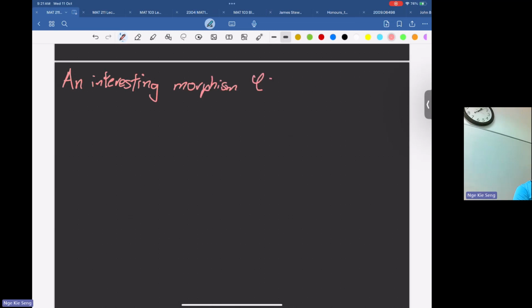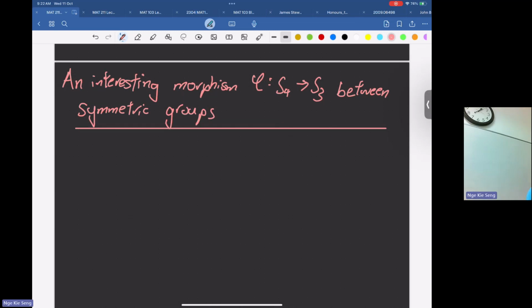Back in my time, our lecturer didn't teach us this, but when I read about it in the textbook, I found it very intriguing, very interesting. So let's find a morphism from S4 to S3. How do you send a cycle in S4 to S3? How do we describe an element in S4 in S3?